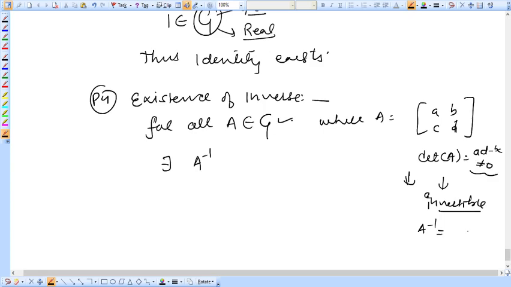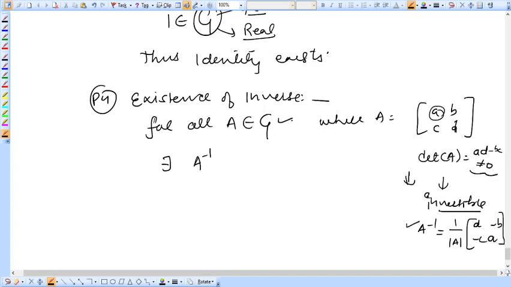So what would be that inverse? It would be 1 over determinant into cofactor of A, which is equal to, I'm directly writing it here, d and a, minus b, minus c, right?